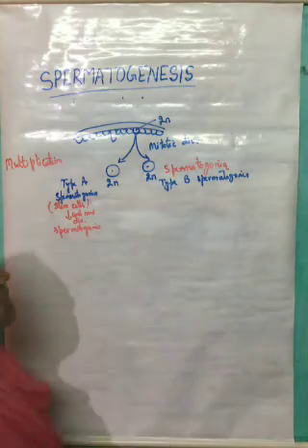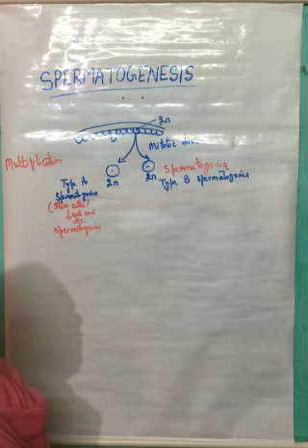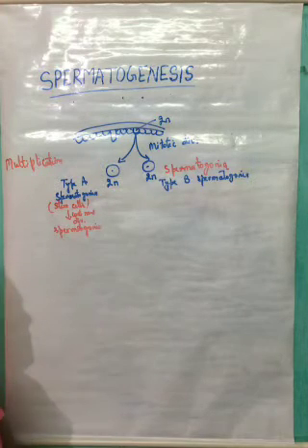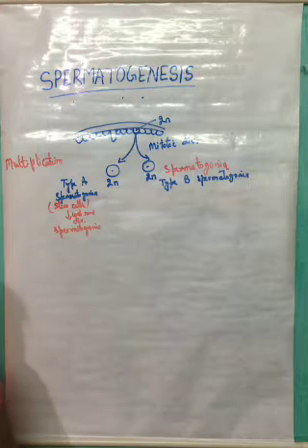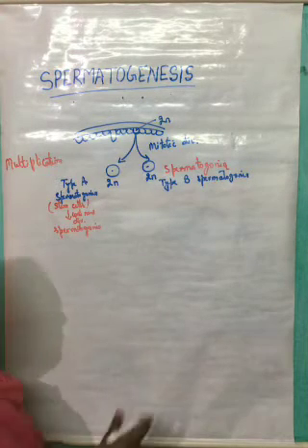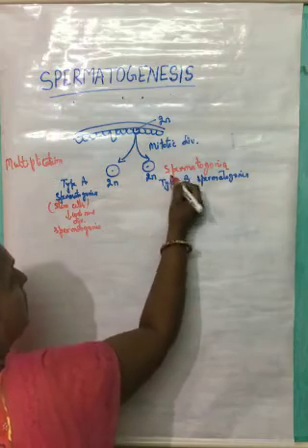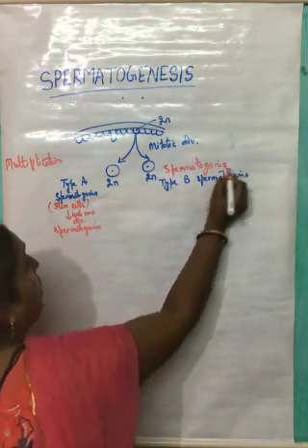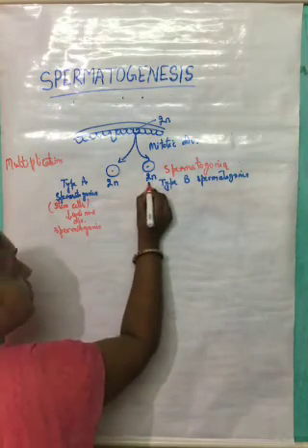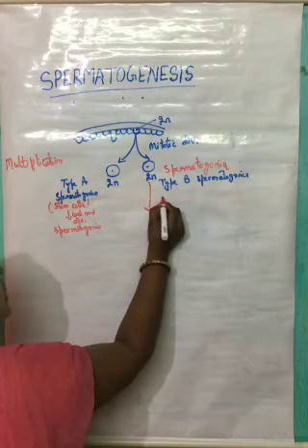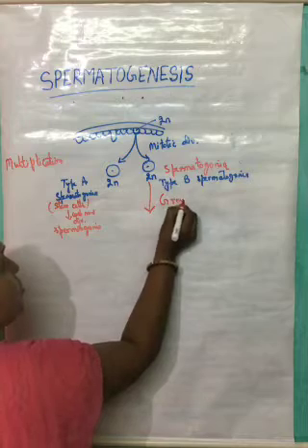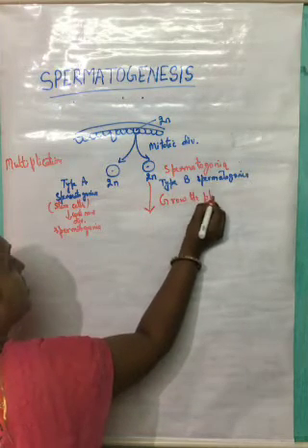Now, we will take the case of this spermatogonia. We can consider this as the primary spermatogonia. It will undergo the next event, that is the growth phase.